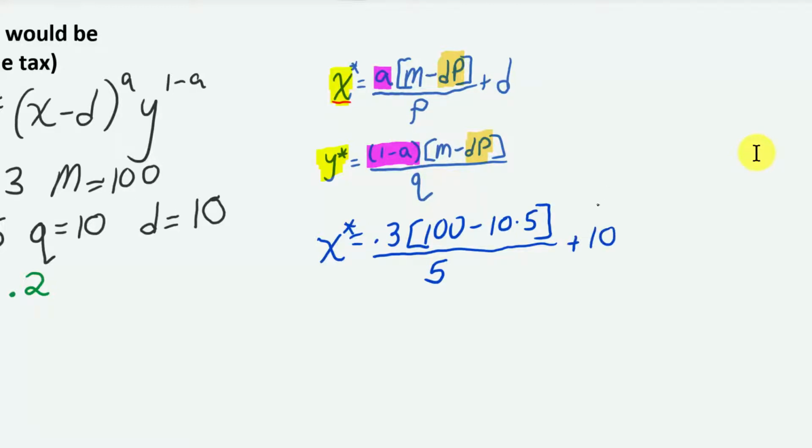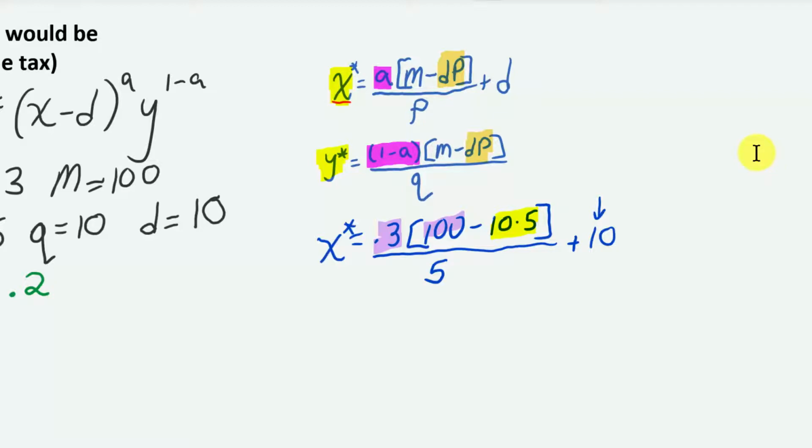So we have to buy our 10 units of X, otherwise we can't survive. We're going to be spending 5 times $10 on those 10 units of X, which is going to cost $50.